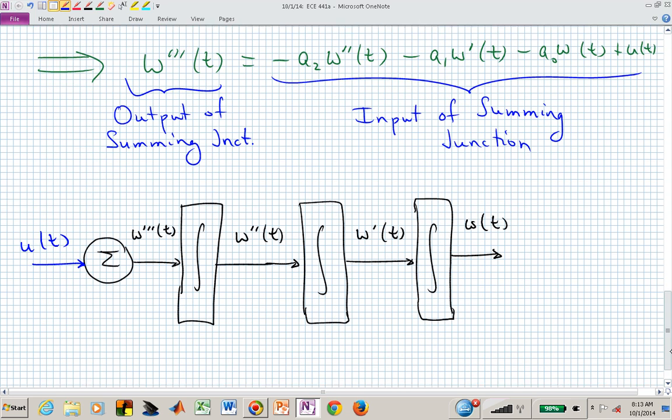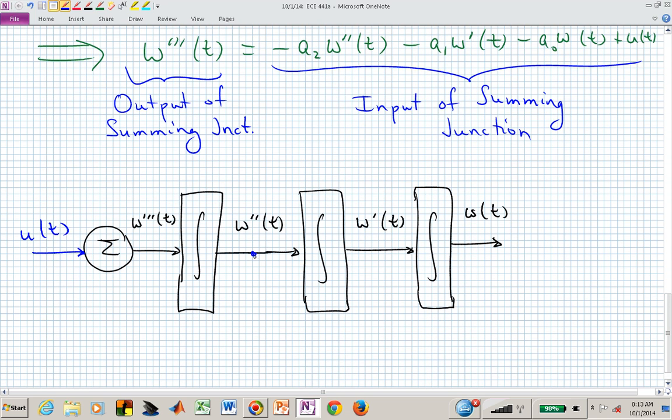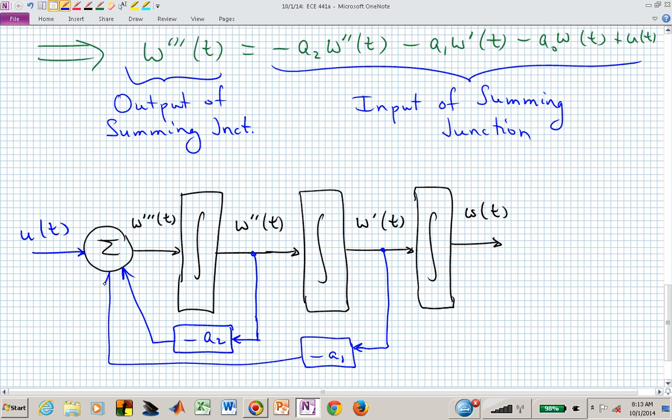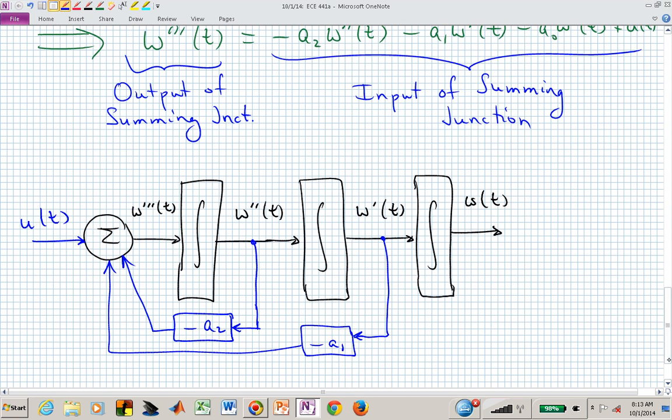And now we start collecting. Maybe I made my integrator blocks a little too big, but here's now minus a sub 2 times w double prime, minus a sub 1 times w prime. Oh boy, I've already messed up.